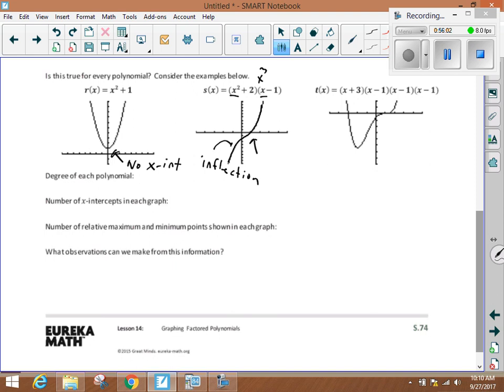So we call that an inflection point. And we'll see that the same rule doesn't hold true. So that is what I meant by at most when we were defining those other ones. And that's what they're trying to get you to get from this information.